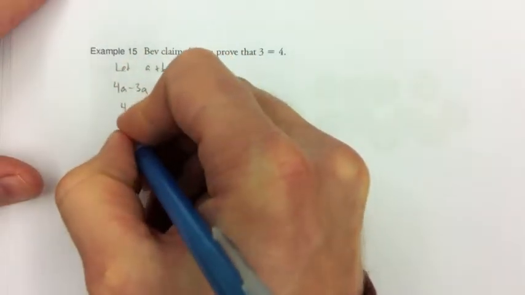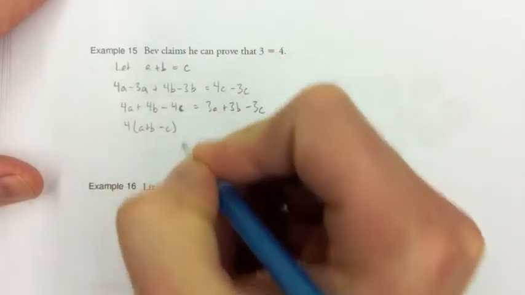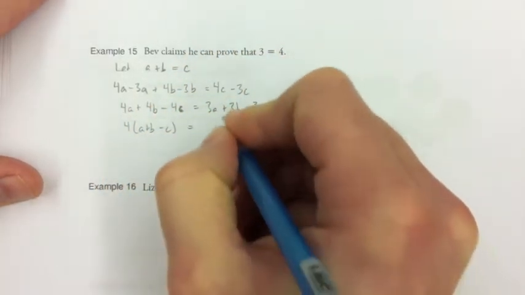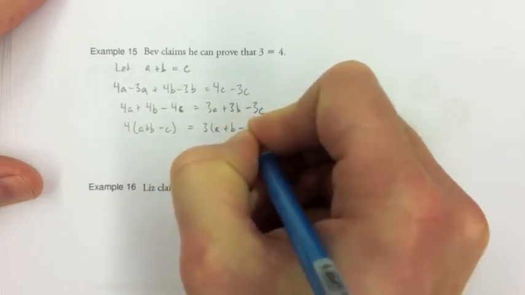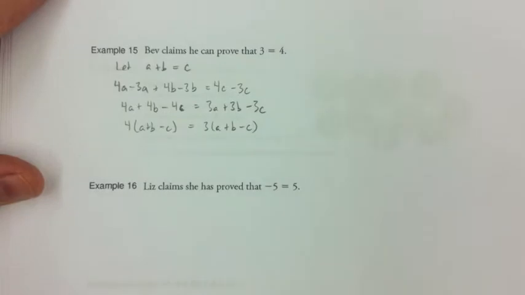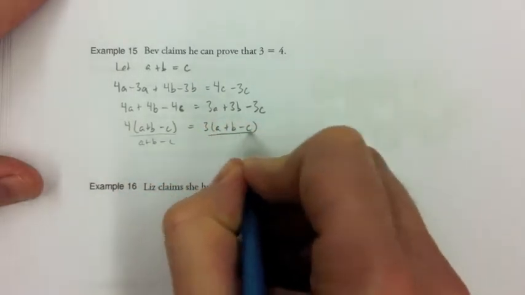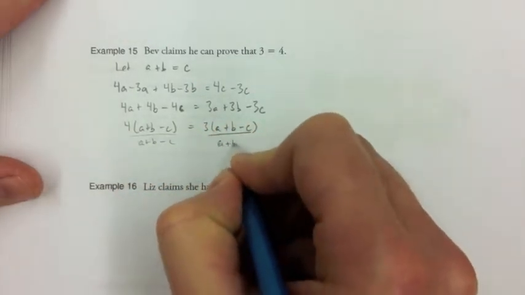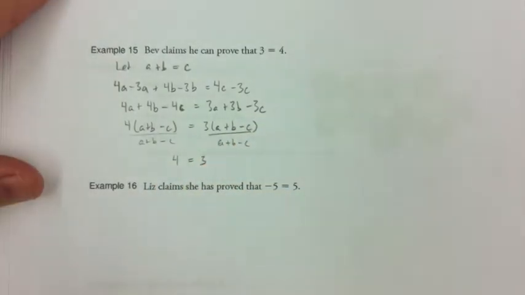Noticing that the left-hand side has a common factor of 4, and the right-hand side has a common factor of 3, we now can divide each side by A plus B minus C to get 4 equals 3.